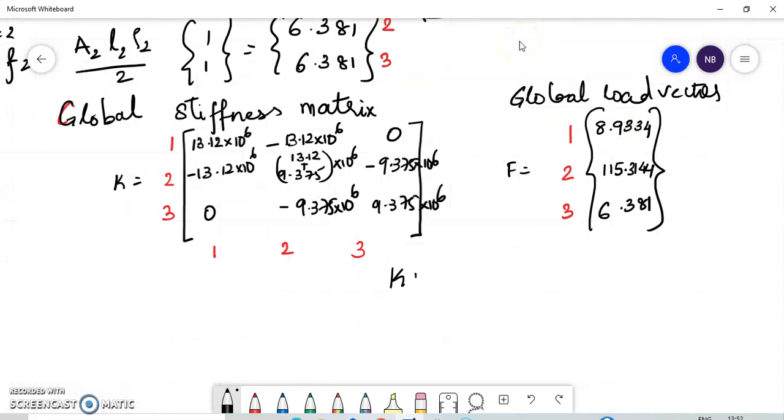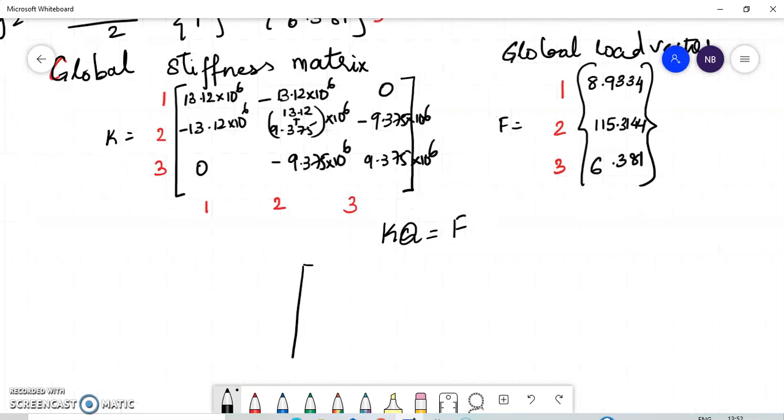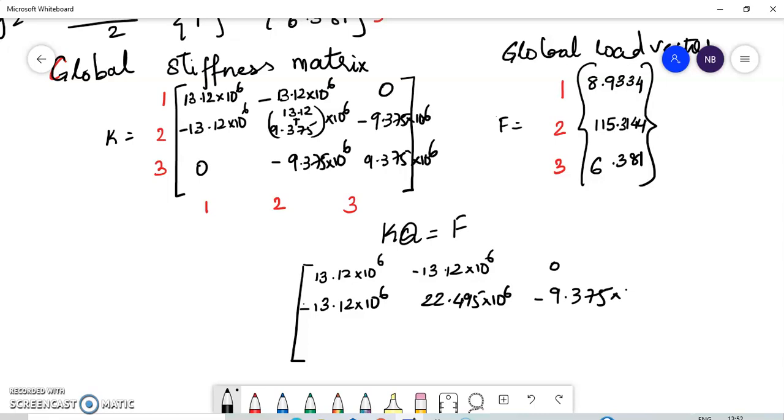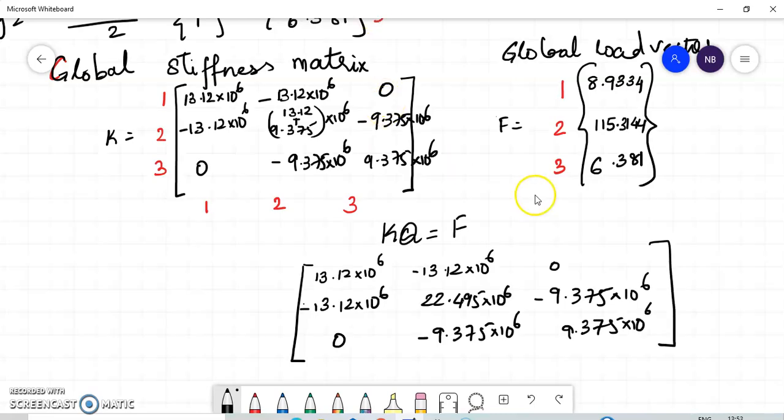Okay, so we are going to write this in the form of K into Q equals to F. So let me rewrite all these terms. 13.12 into 10 to the power 6, minus 13.12 into 10 to the power 6, 0, minus 13.12 into 10 to the power 6, this is 22.495 into 10 to the power 6, minus 9.375 into 10 to the power 6. So this is the K matrix, global K matrix.